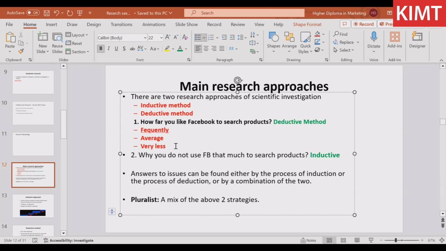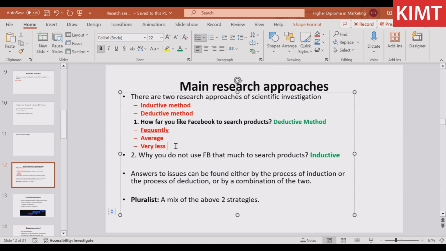That is called deductive. Deductive means the answer is already there. You search further, step by step, and see whether the same responses are available in different countries, different markets, different communities. That is called deductive.